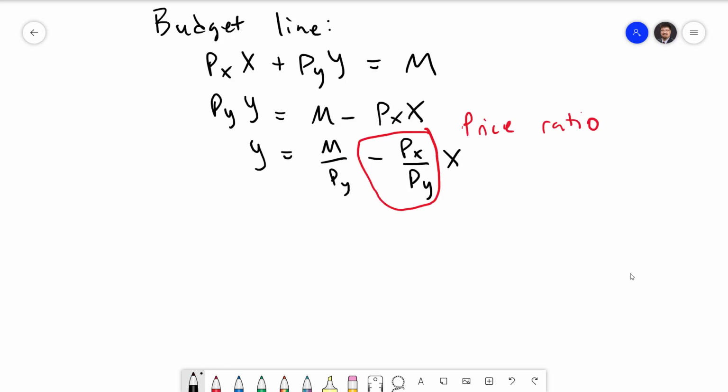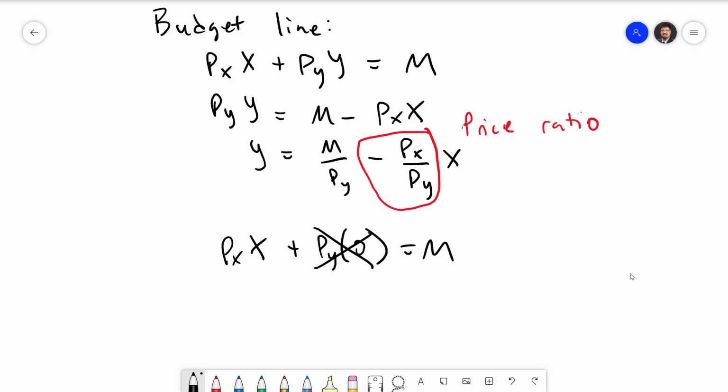Just like we did with the demand functions from the last set of videos, the easiest way to graph the budget line is by figuring out the intercepts. The X-intercept of the budget line represents the bundle where the consumer is spending all their money on X. If the consumer is spending all their money on X, they're spending nothing on Y. So we have Px times X plus Py times 0 equals M. Multiplying by 0 just drops this out.